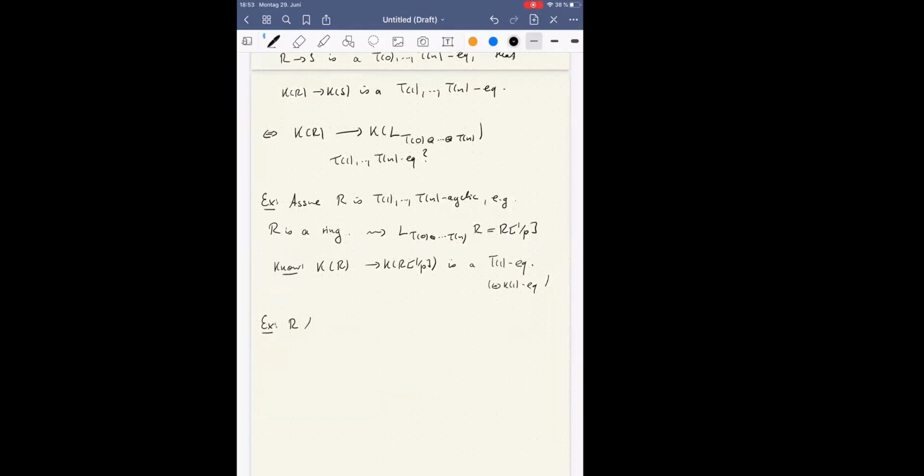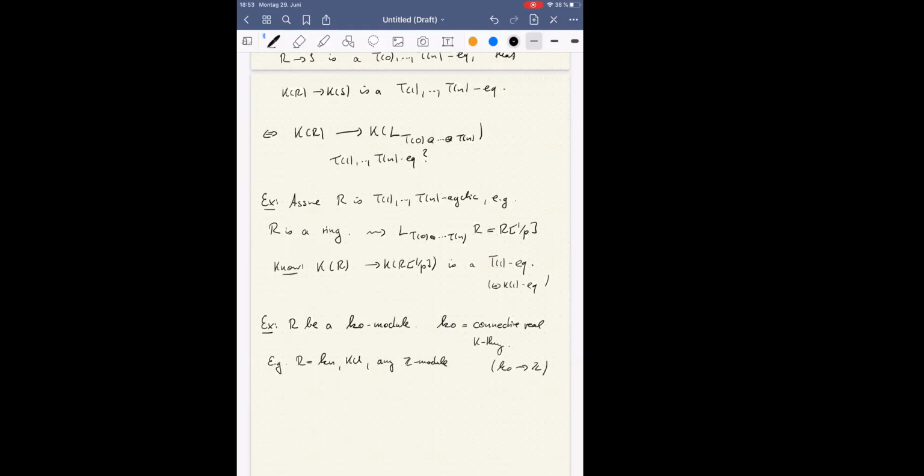Let R be a KO module. So KO is connective K-theory. What are examples of KO modules? For example, we might take R to be complex connective K-theory, complex periodic K-theory, or any Z module, because we have a ring map from KO to Z, so every Z algebra is also a KO algebra.